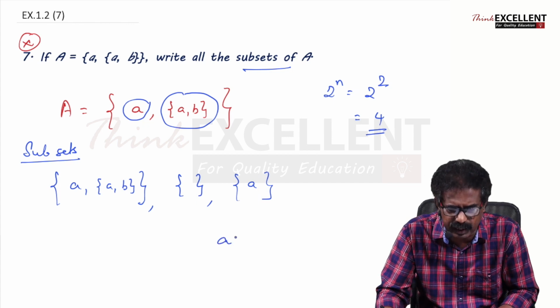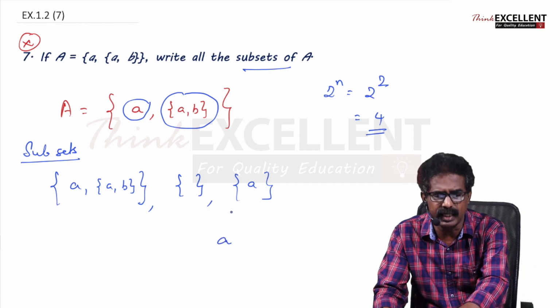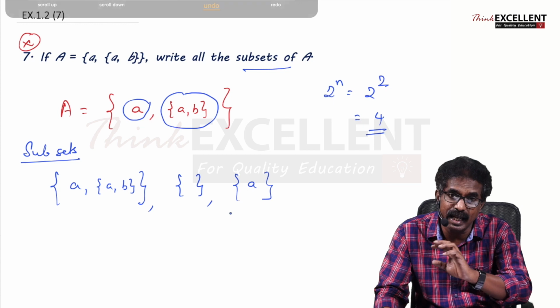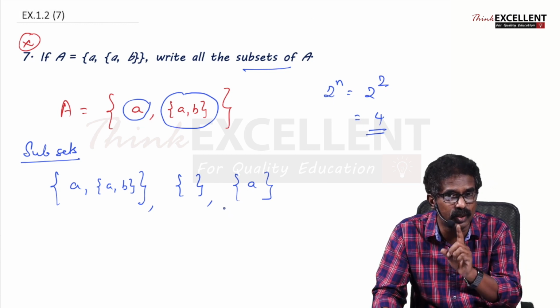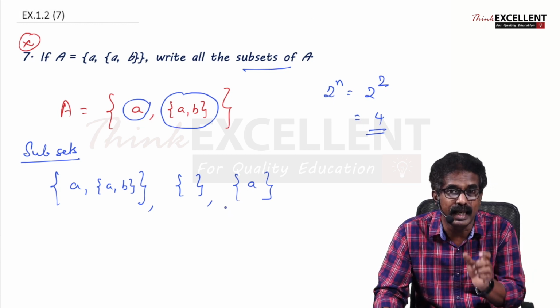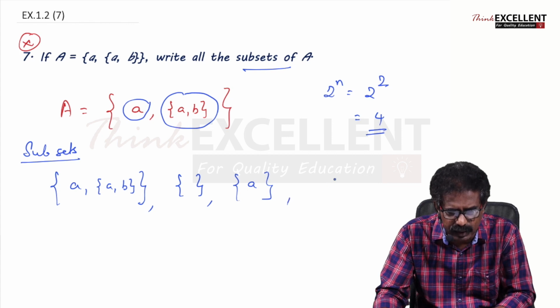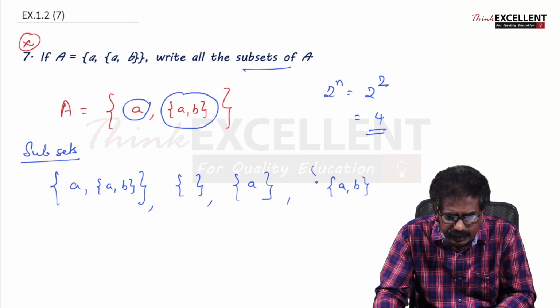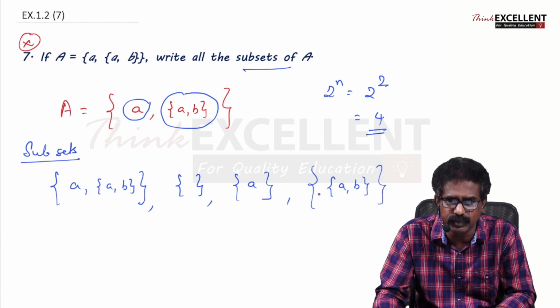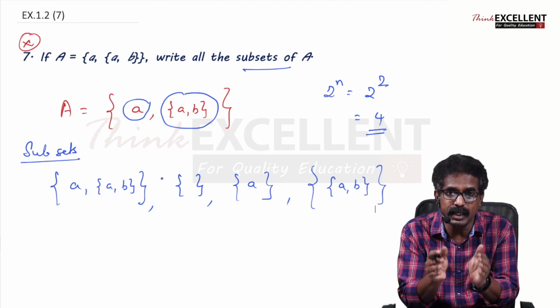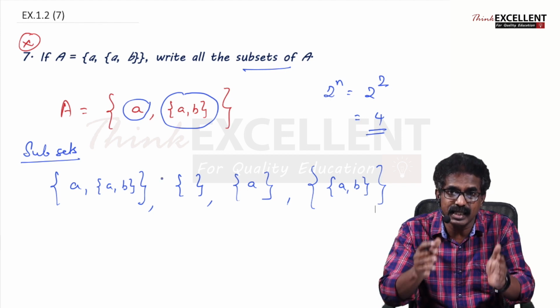Simply don't write A, it is meaningless. Write it as a set. Now second element, write it as a set. Here only students make mistakes. Second element, what is the second element? This is the second element. Write it as a set. Very important, 2 brackets will come, because the set AB is one element, write it as a set.